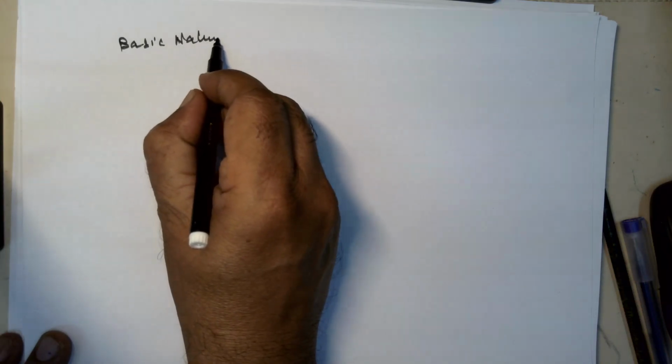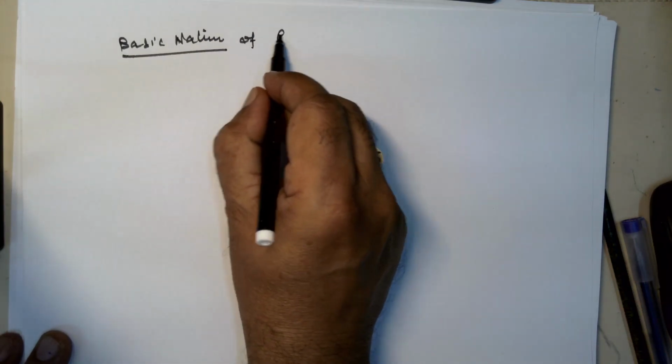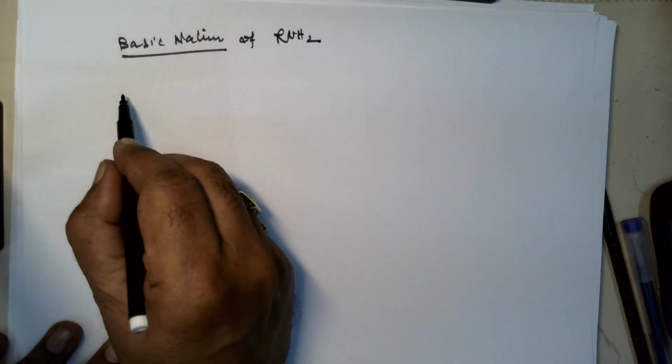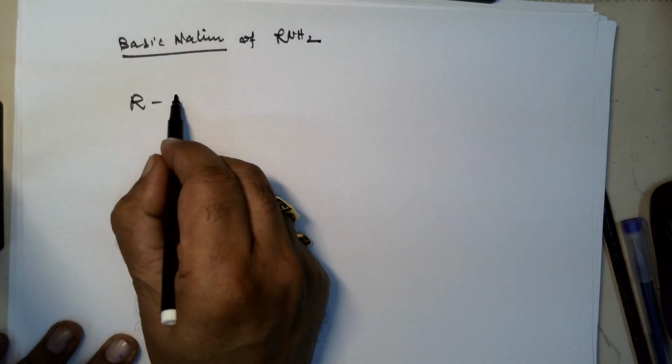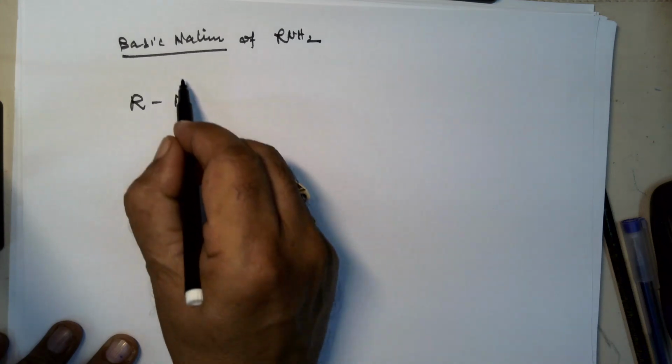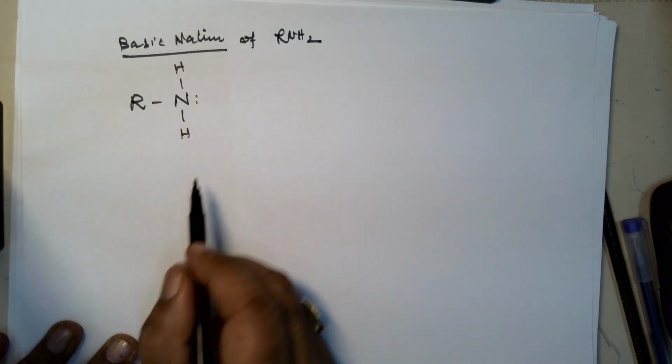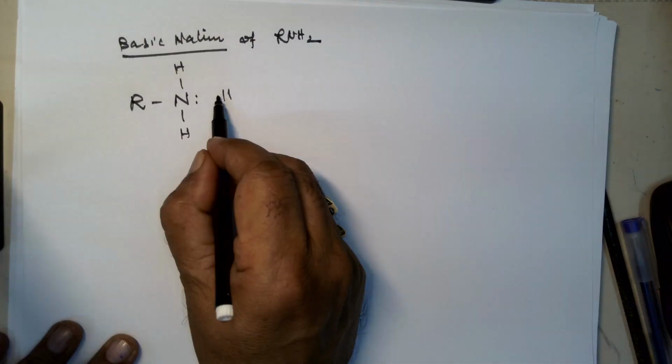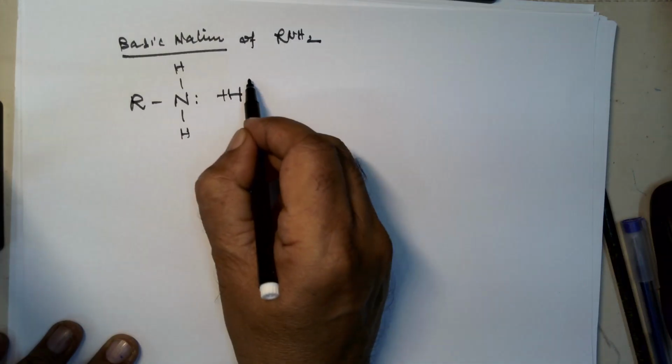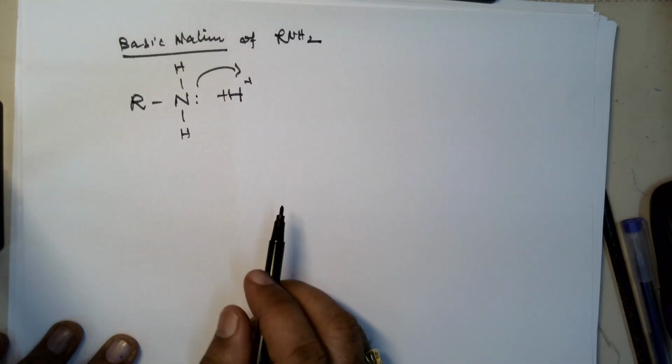Structure basicity, that is, the basic nature relationship of amines. Let us consider the primary amine, RNH2, with a pair of electrons on nitrogen. Now, as I already told you, when a proton is there, it is protonated.